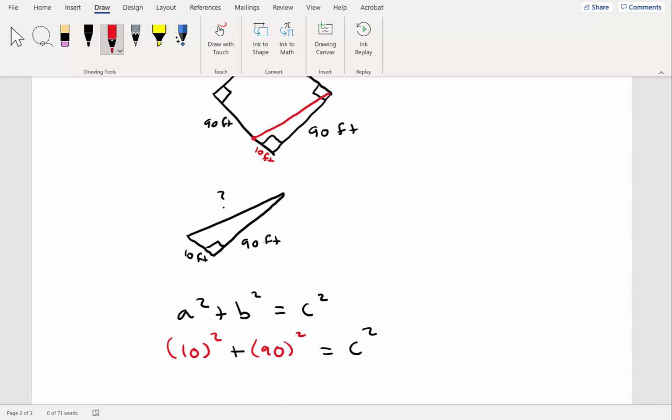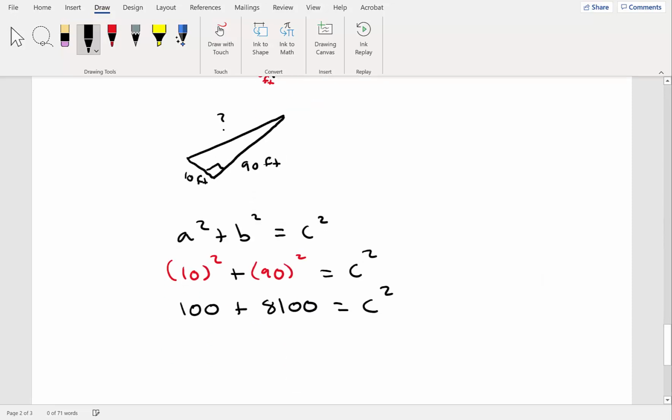So let's go ahead and work this out. Okay, so first 10 raised to the second power gives us 100. I have plus 90 raised to the second power. Let's see what that gives me. I get 8100. Now I have equal to c raised to the second power. Now I could go ahead and add them. I get c squared is equal to 8,200.